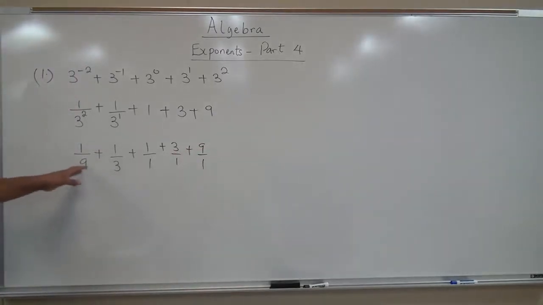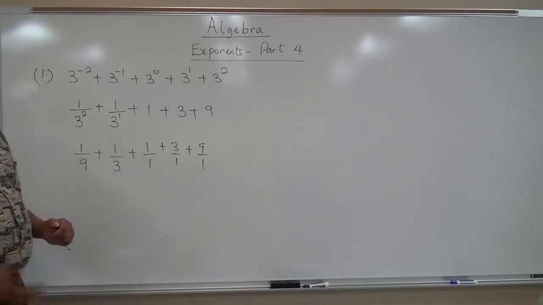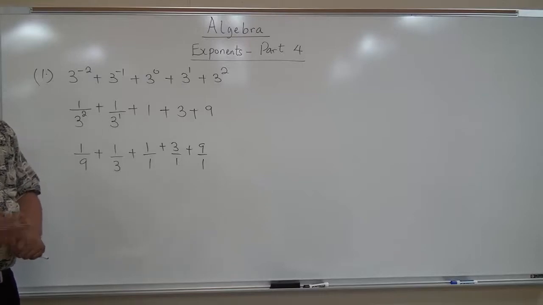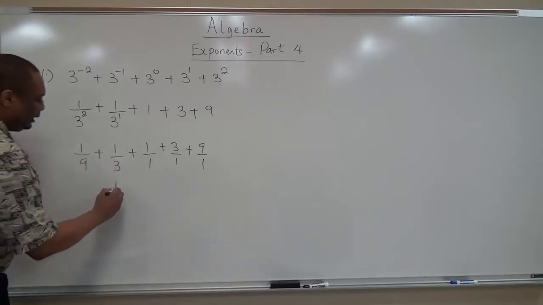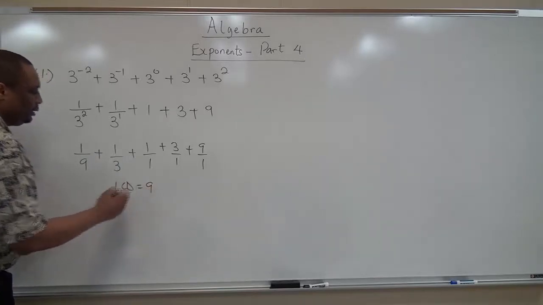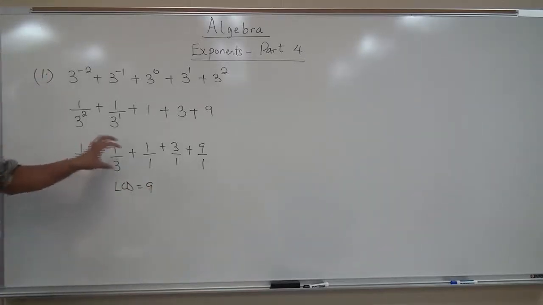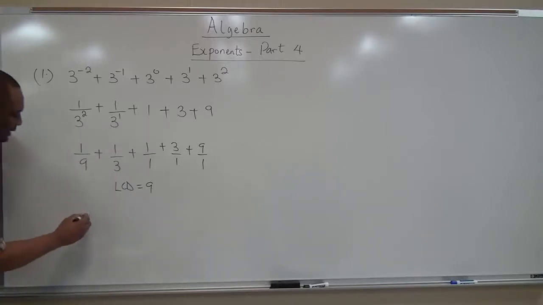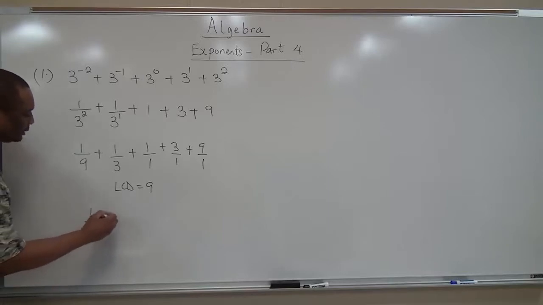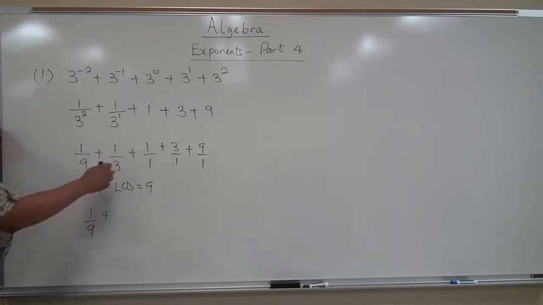So what is the LCD? When you're solving fractions, you can view my videos on adding and subtracting fractions. The LCD here is 9. So we have to find the equivalent fraction with 9 as the denominator. So this gives 1 over 9 plus, this we have to multiply by 3.